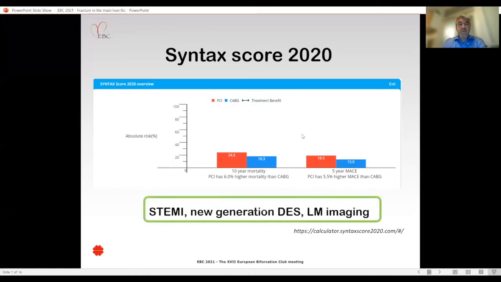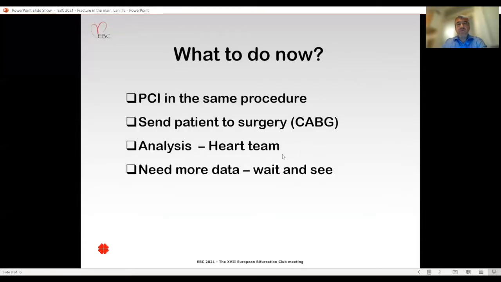Now, none of these studies took into consideration patients with ST elevation myocardial infarction, previous generations of drug-eluting stents were used, and most of them never used imaging in the procedure. So the question is what to do with this patient. There's an option of PCI in the same procedure, or send the patient to surgery, do heart team analysis, or just wait and see what will happen.